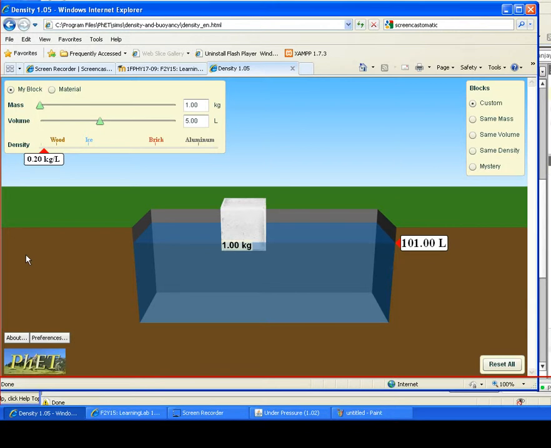So now let me ask you a question. If I change this mass to 2, what would happen to the block? What would happen to the block if I change the mass to 2 kilograms?